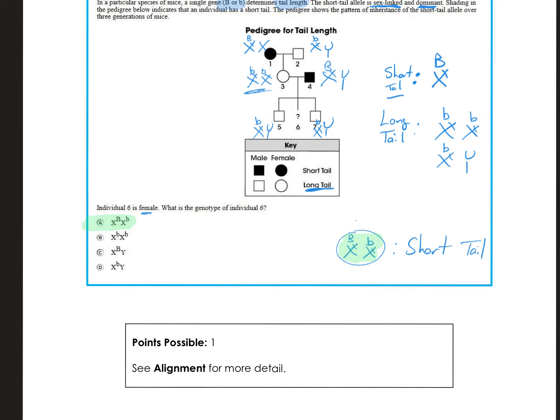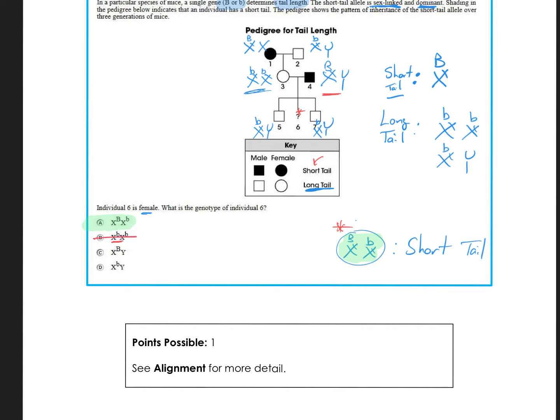Many different reasons why the rest are wrong. X little b would require number 6's father to have a little b to give, but we know the dad had a big B because he had a short tail, because he has it filled in, see? So this is wrong.